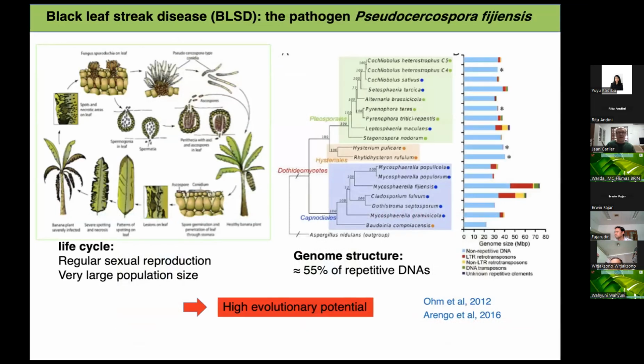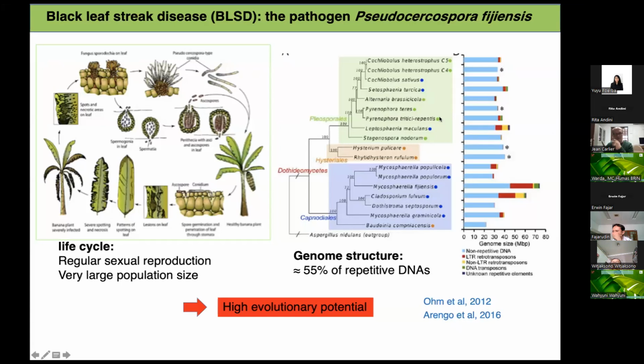Fijiensis has 2 reproduction cycles, an asexual reproduction cycle with the production of conidia, but also a regular sexual reproduction cycle with recombination. And also this species has a very large population size.